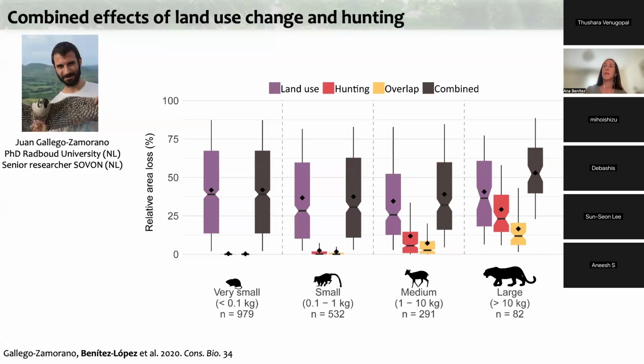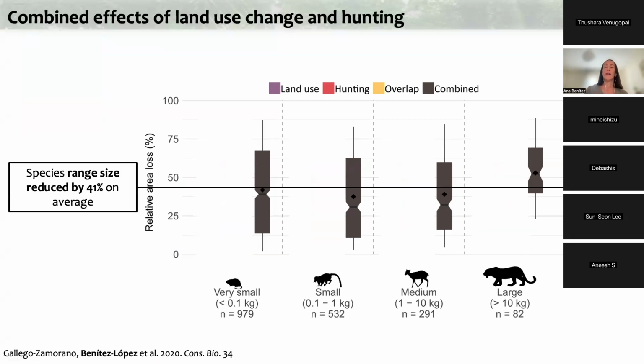What is interesting is that when we combine both effects, the percentage of area loss can be much higher than if we look at them separately, especially when we focus on their overlap. And overall, we estimate that species range size is reduced by 40% on average because of the effects of both drivers.